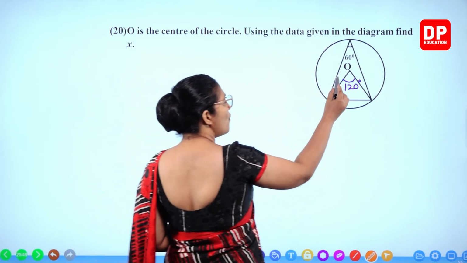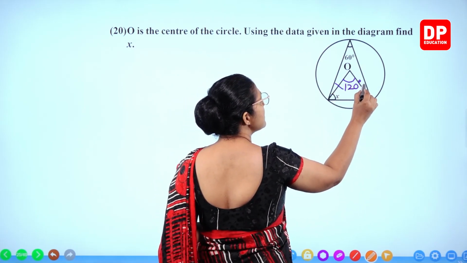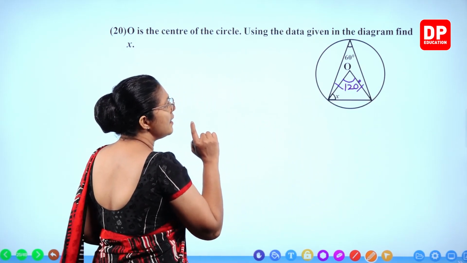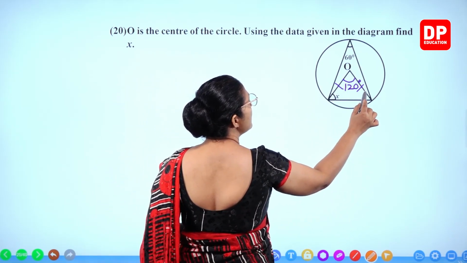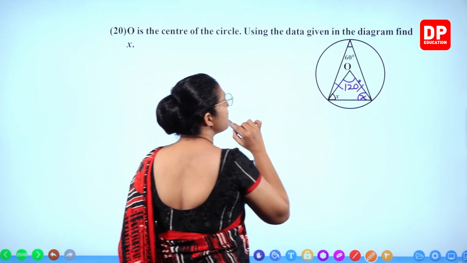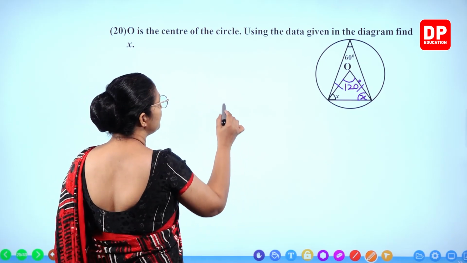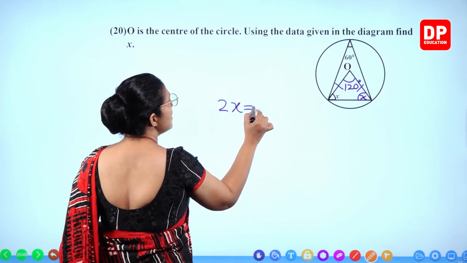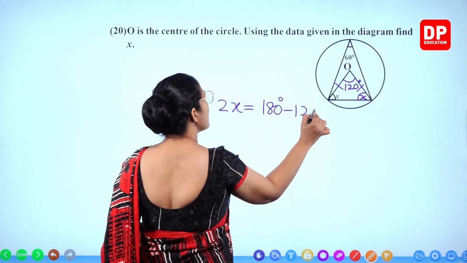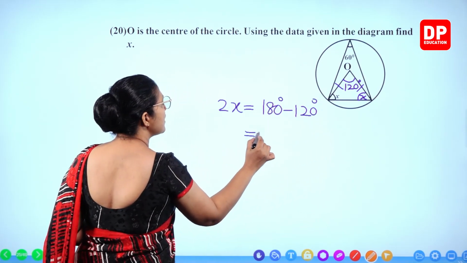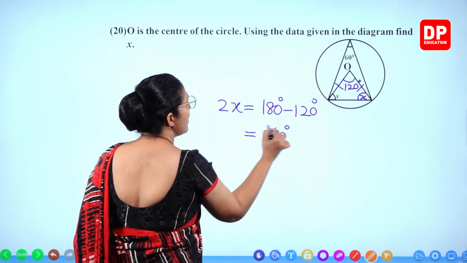But we know when you take this triangle, these two lengths are equal. Those are radii. So you have to divide the remaining part equally. So this is also X. So you can write 2x equals 180 minus 120 now, because the sum of angles in a triangle is 180.